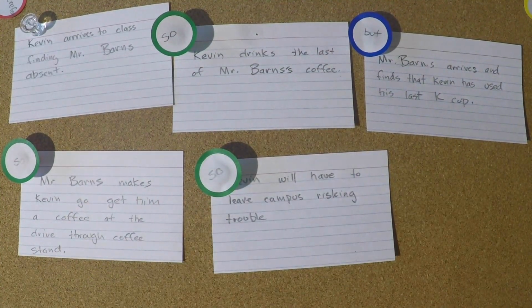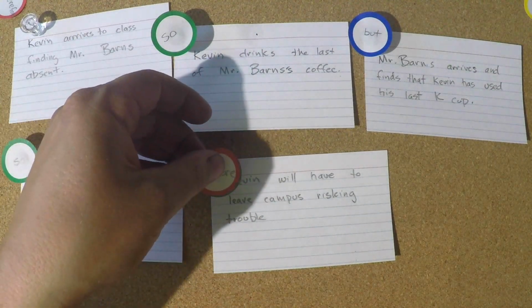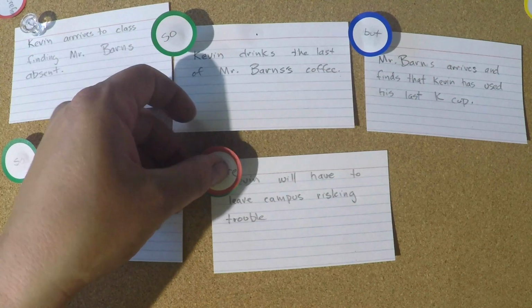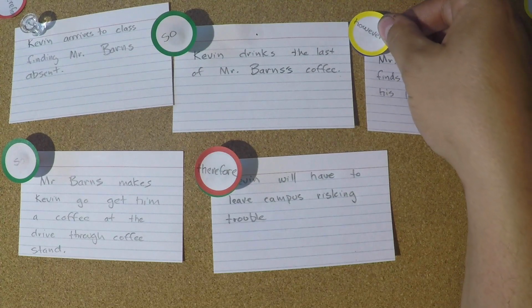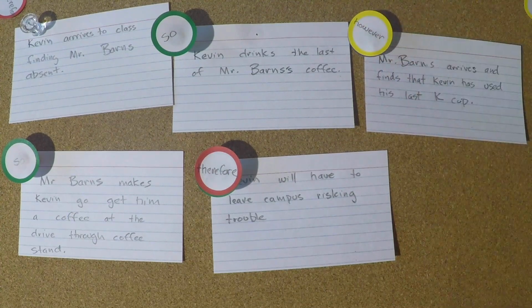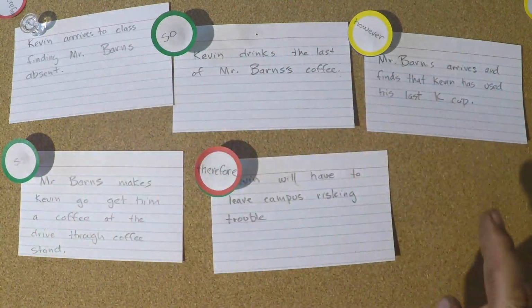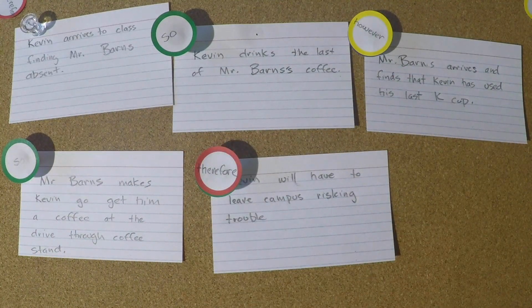Most of the so's you could really make into therefores if you wanted to. Most of the buts could also be howevers. But hopefully you see how you can start plotting and giving some reasoning behind some of the events that happen within your screenplay. I hope this works for you.